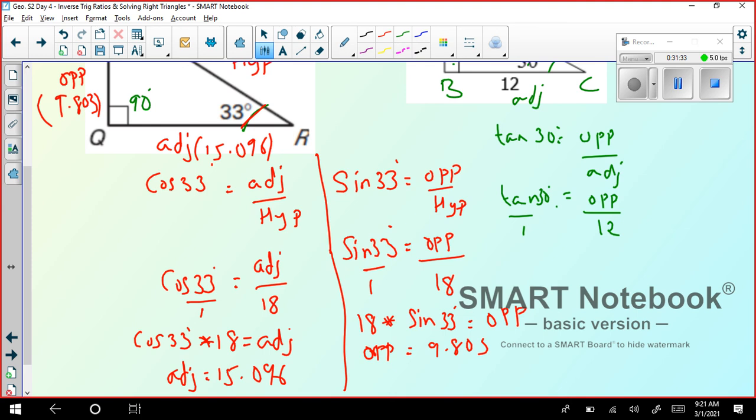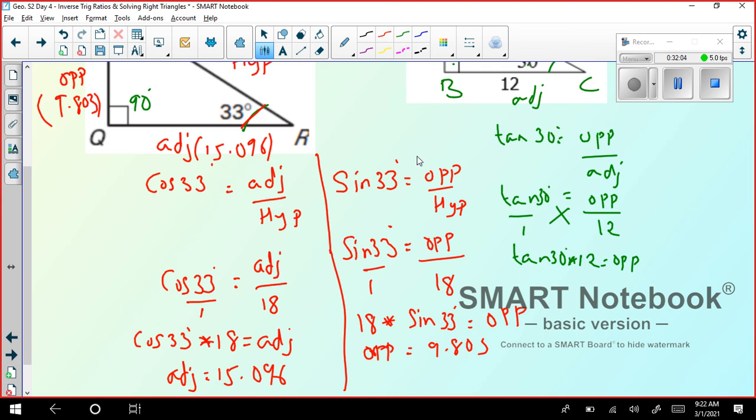Once again cross multiply to get tan 30 degrees times 12 equals opposite. You can use calculator to get the value of this, 12 times tan 30. Make sure mode is once again in degrees. That gives us 6.928.